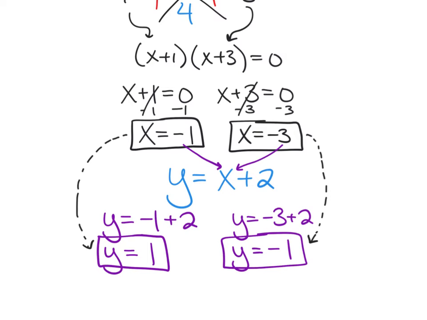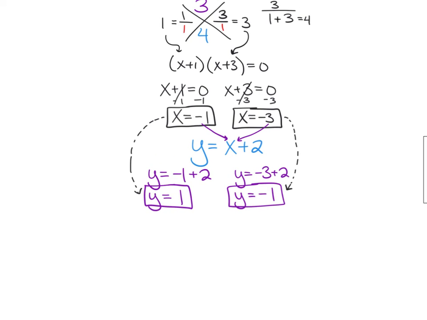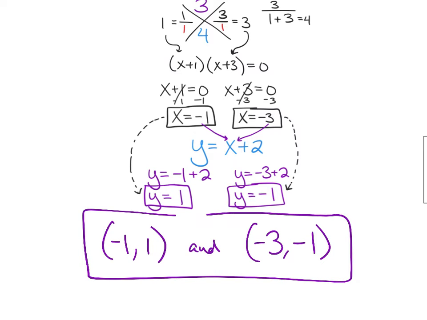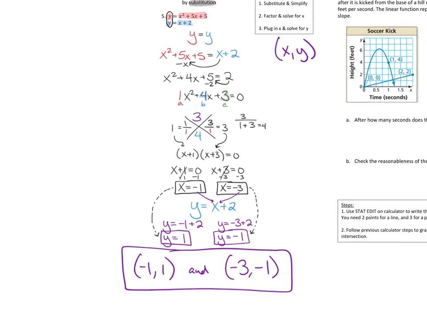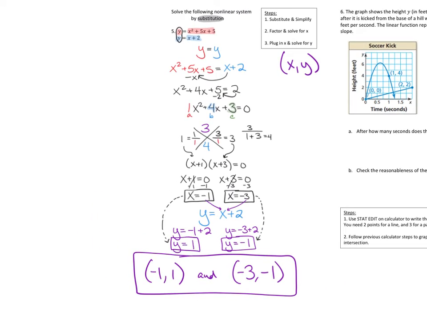I have my two places where this system will cross. They are the coordinates negative 1, comma 1, and negative 3, comma negative 1. Those are the two places where this system would cross on a graph, but I found it by substitution.